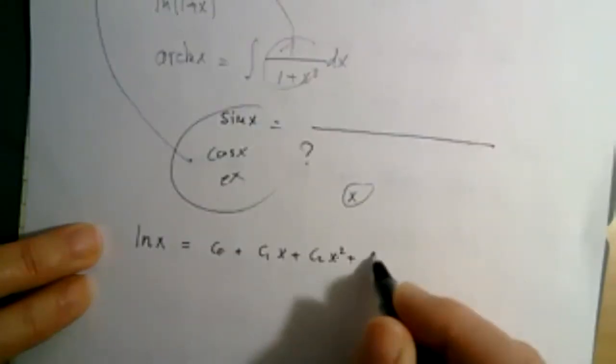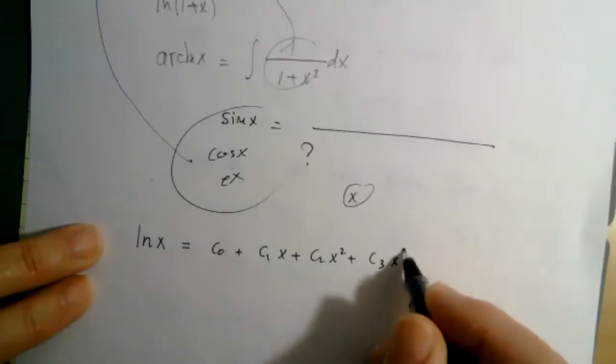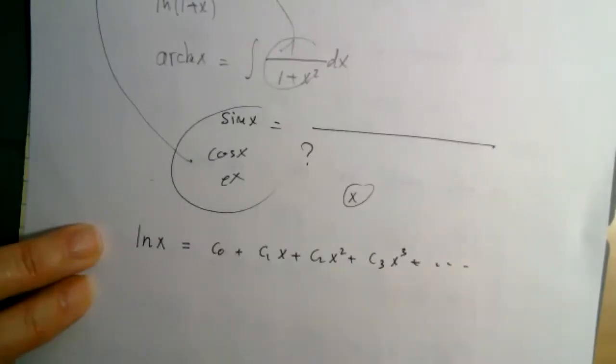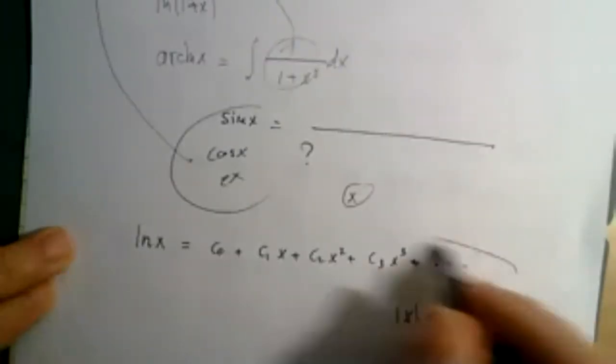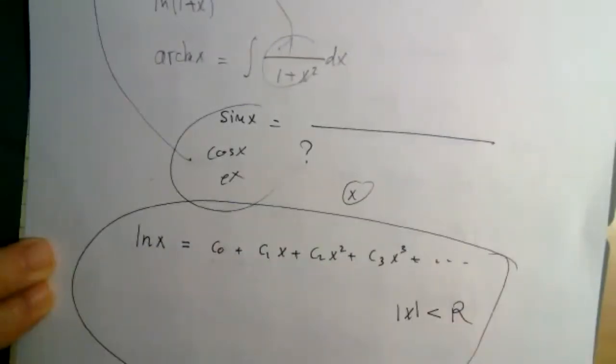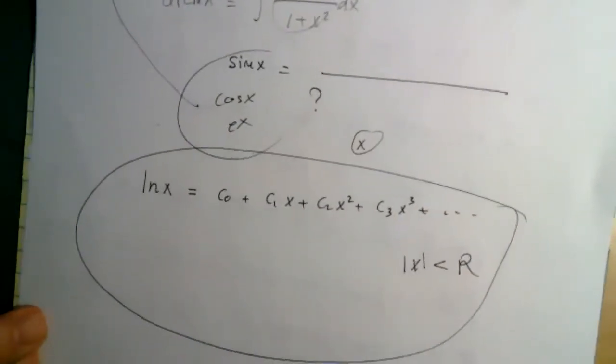Yes or no? And explain. Is it possible to write ln of x like that for x, for example, less than a certain number? Is this possible? Yes or no? What do you think?